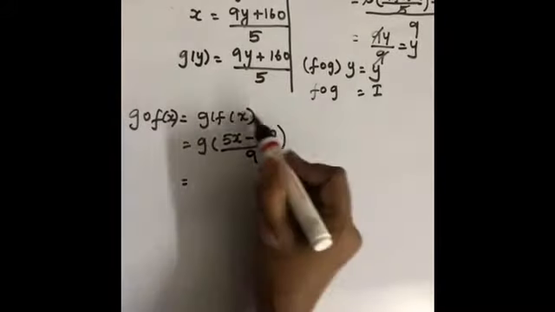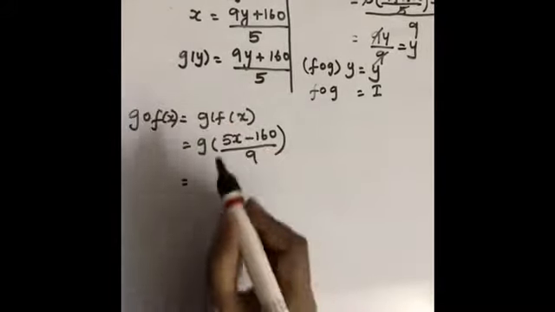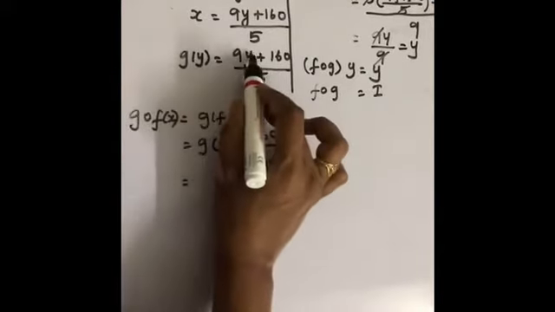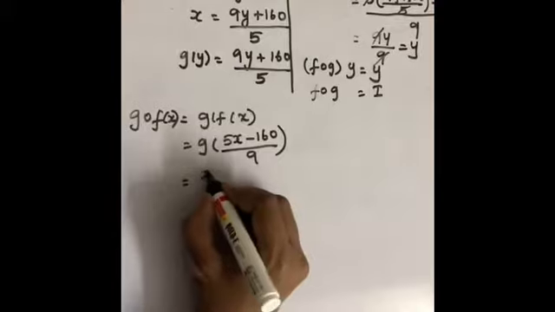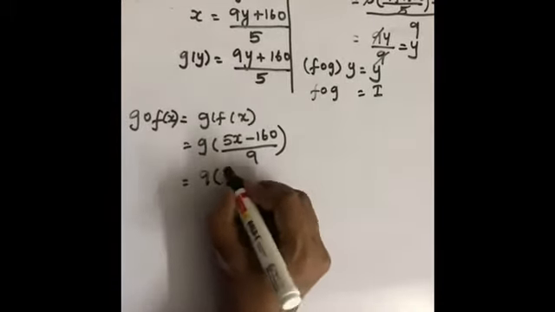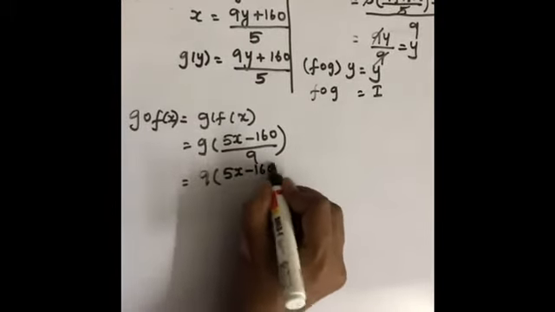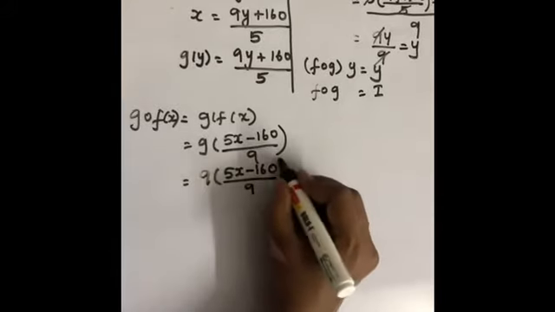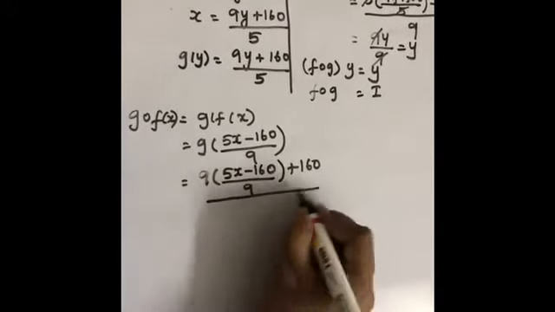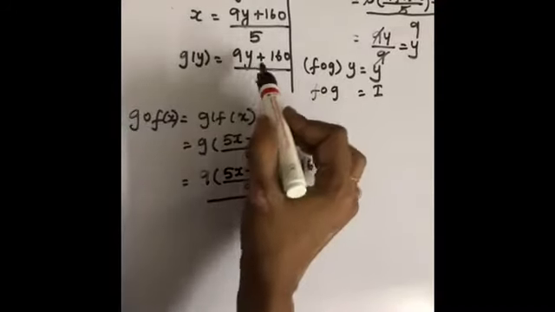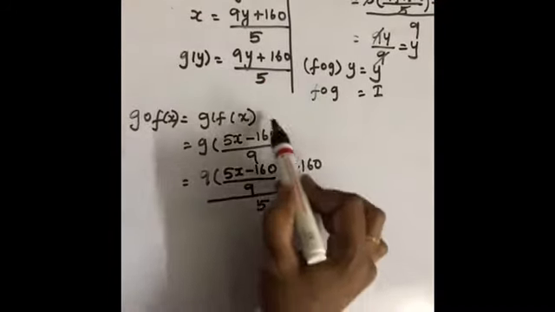So, to write this function in terms of g, instead of y you have to substitute this whole function. So, 9 into (5x minus 160) divided by 9, plus 160, the whole thing divided by 5. Okay. Can you understand? Instead of y, I am substituting this whole junk.